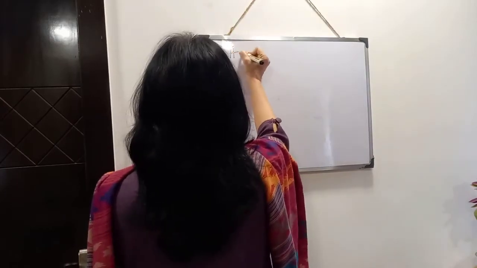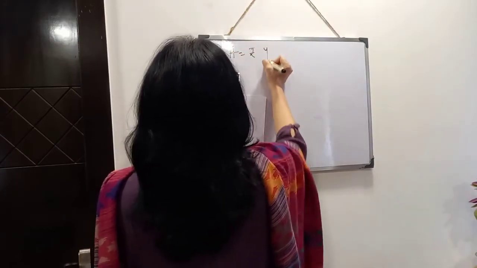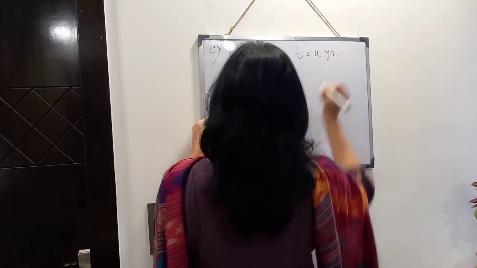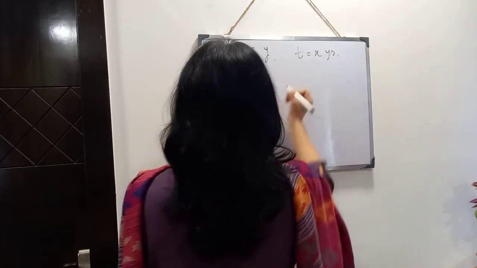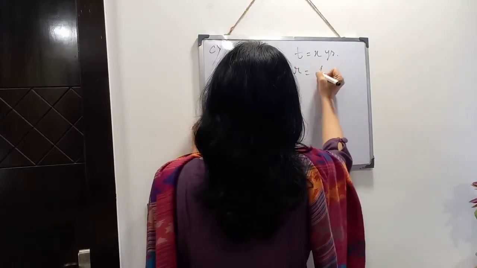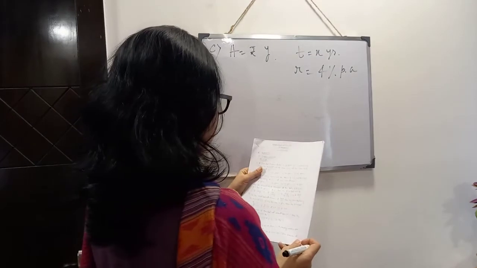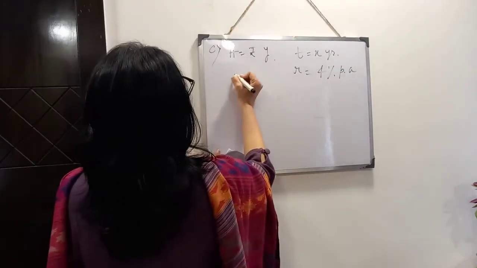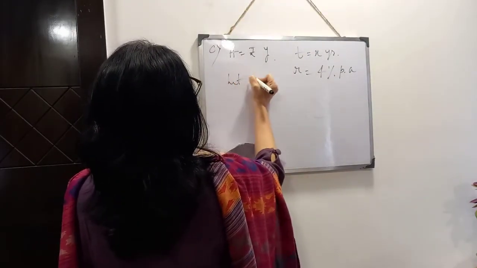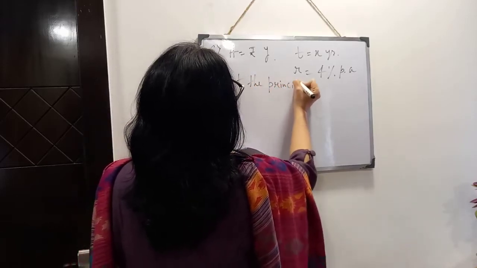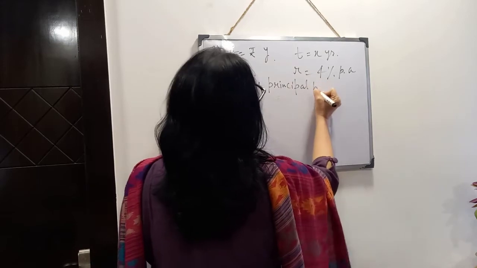Amount is given rupees Y and time is given X years. And rate is given 4% per annum. Per annum means per year. Then the principal, we consider let the principal be rupees P.